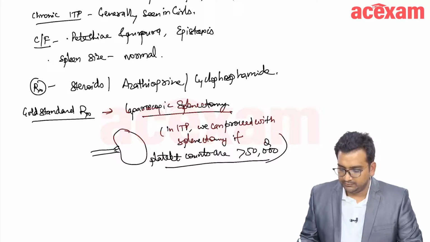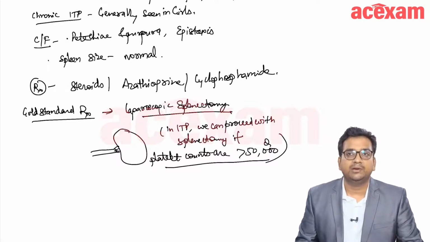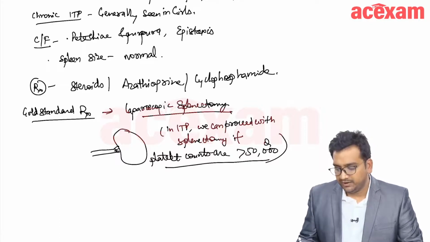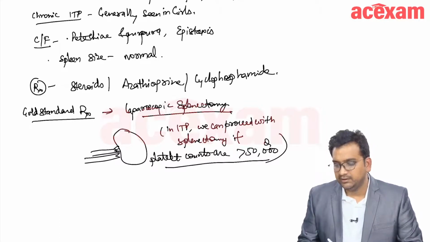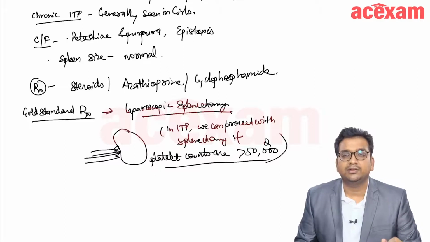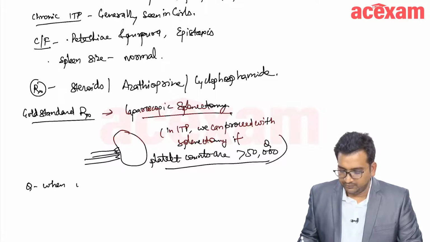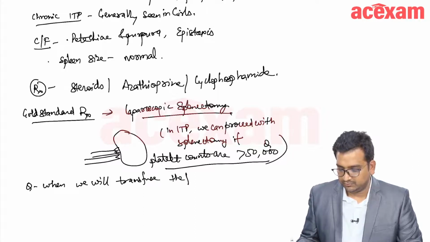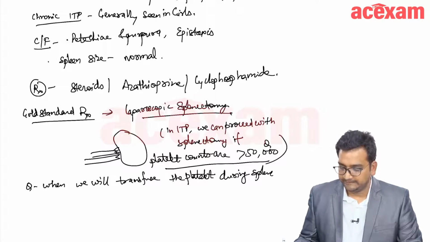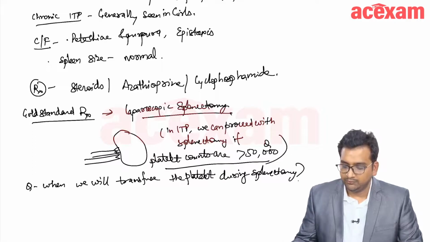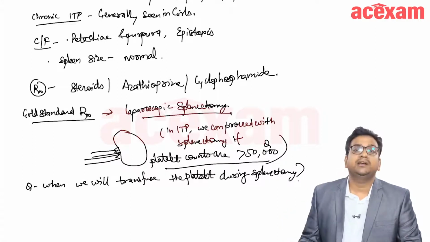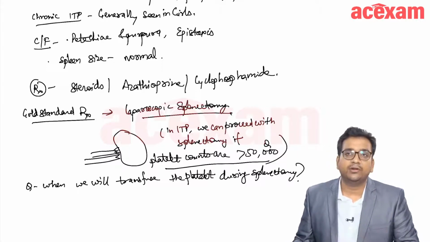Okay, and during surgery, we want to transfuse platelets. But if we have not ligated the splenic artery or splenic vein, can we give platelets or not? There is a question which is repeatedly asked for many years, that when we will transfuse the platelet during splenectomy. We don't want the platelets to go into the spleen, because the spleen is destroying the platelets.